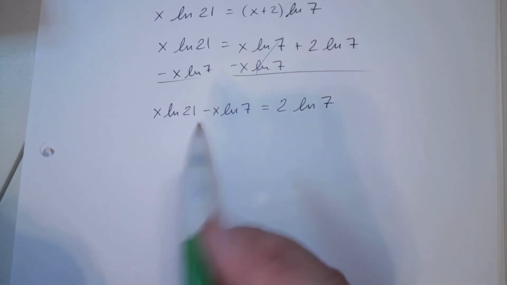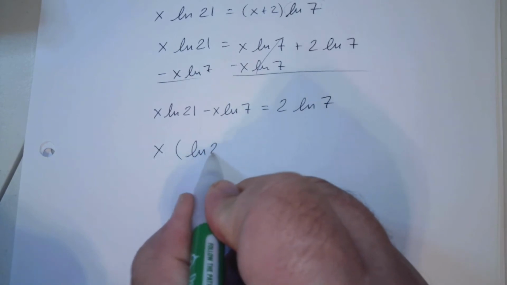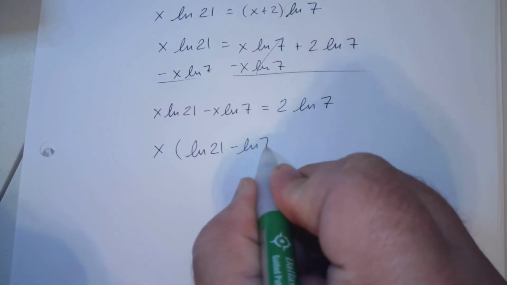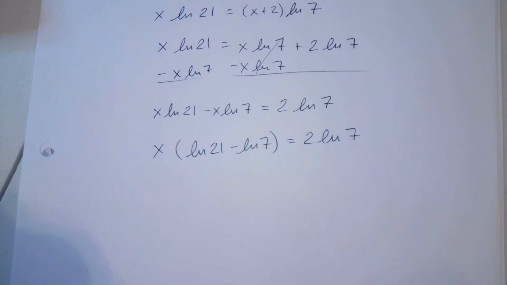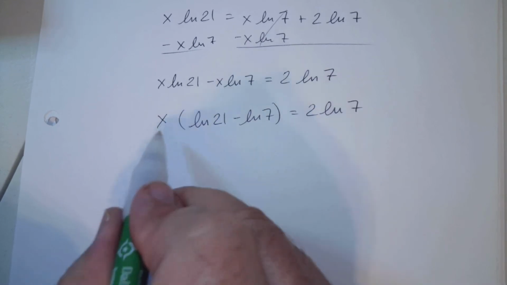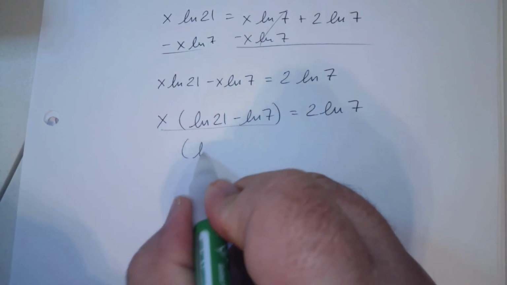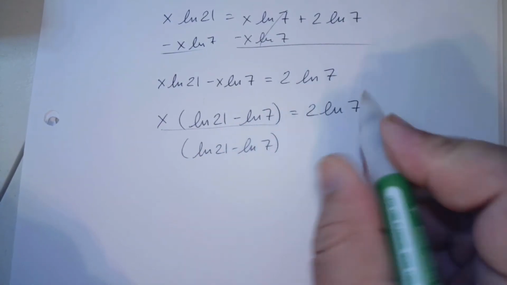Now, they both have an x in common. We're solving for x, so we can factor it out: x times ln 21 minus ln 7. To get the x by itself, I divide both sides by ln 21 minus ln 7.